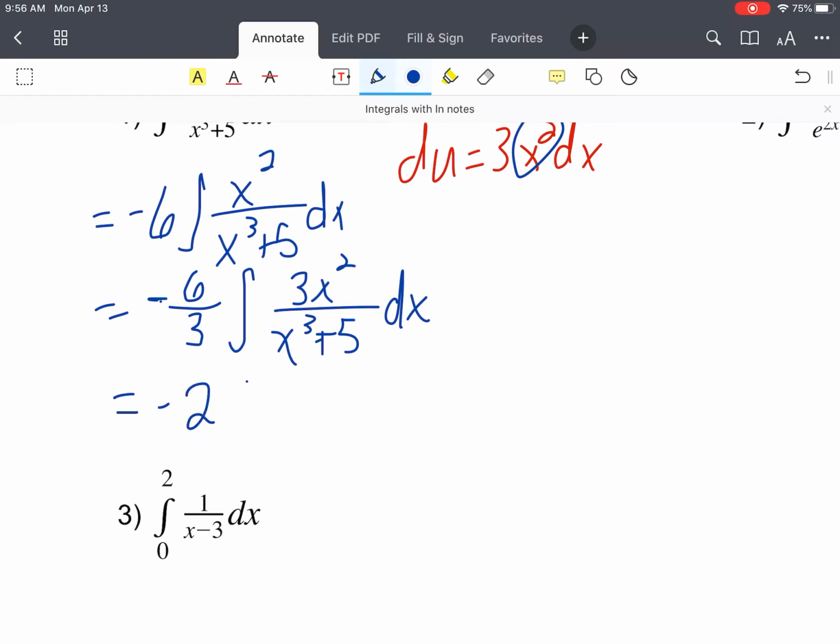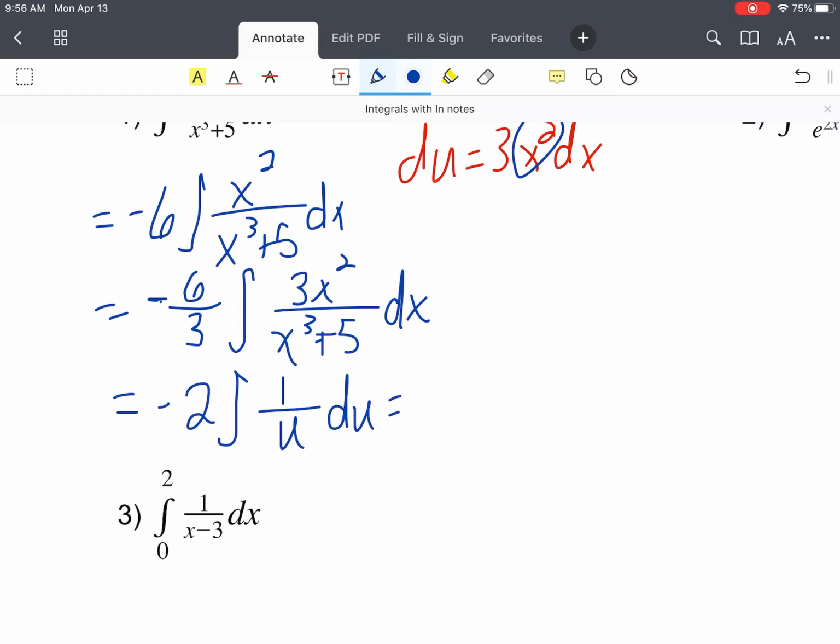Now I'm ready to substitute because I've fixed my du, so that's negative 2 on the integral of 1 over u du, because 3x squared dx is our du, and x cubed plus 5 is u.